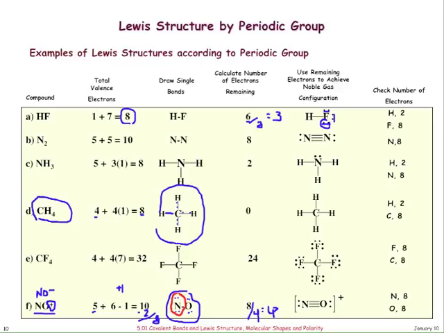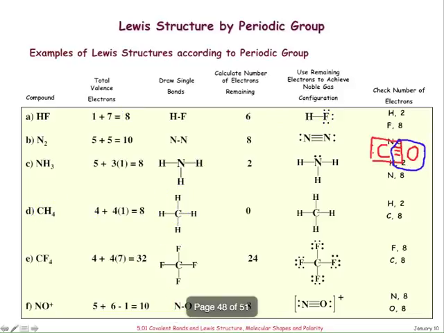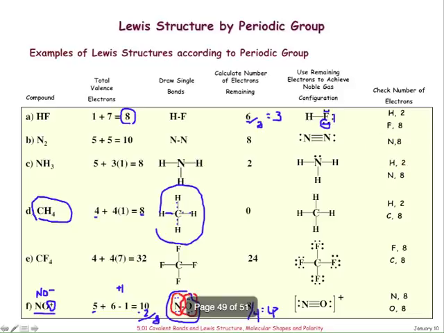It doesn't obey the octet rule. This oxygen only has 6 valence electrons as well. 2, 4, 6. So this structure, the way I drew it, is probably not the correct structure because it disobeys the octet rule.